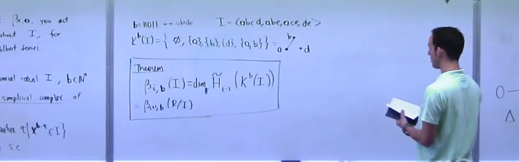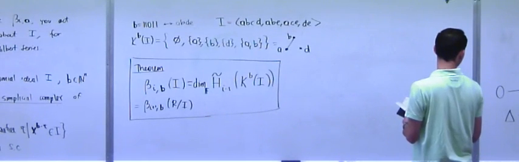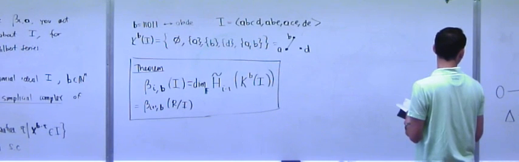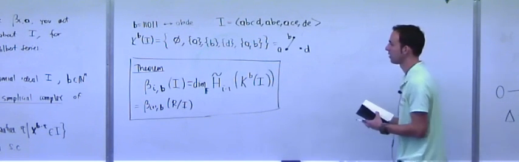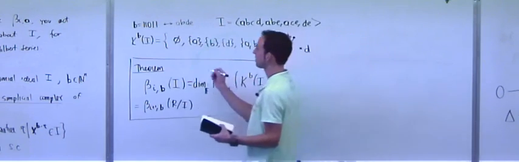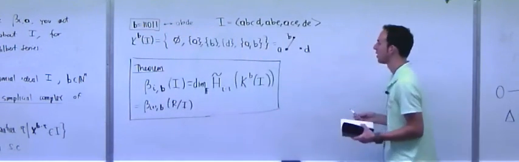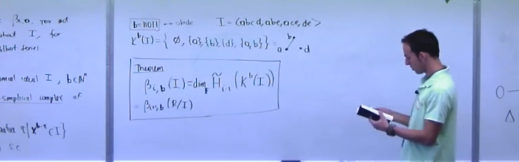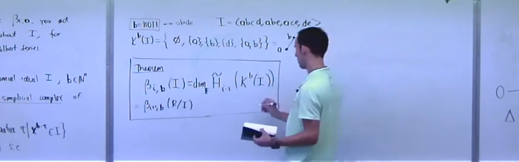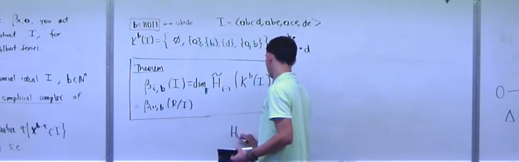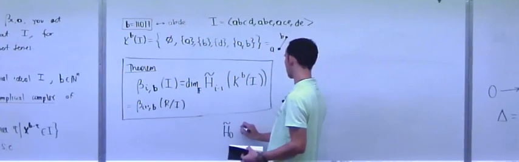So, for example, what does that tell us in this example? B equals 1, 1, 0, 1, 1. Okay. For example, we have a zero homology here, right?